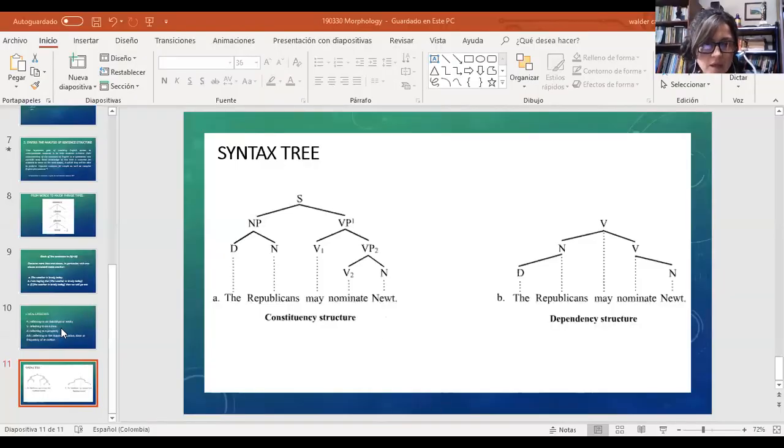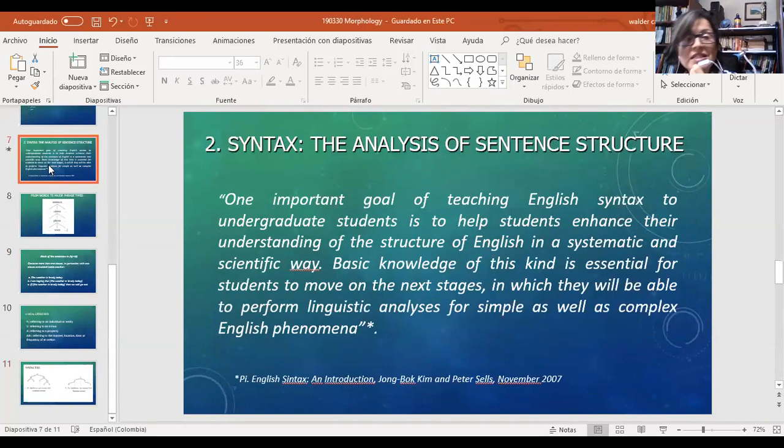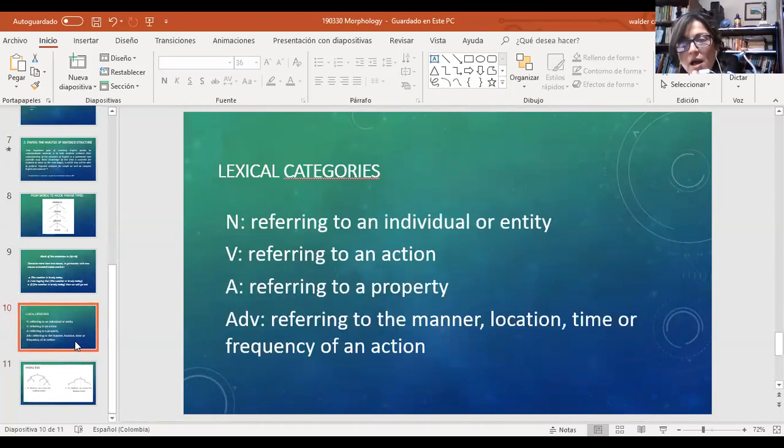Here we are going to see another one. Okay, to continue with the topic of syntax, we are going to see the presentation again. To understand the analysis of sentence structure, it is very important to know the lexical categories.